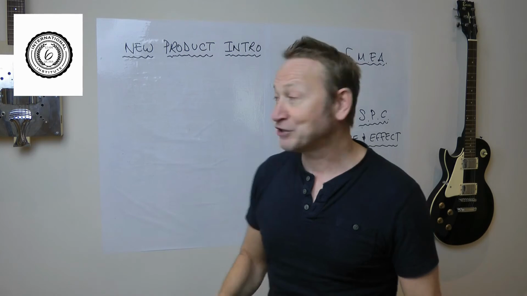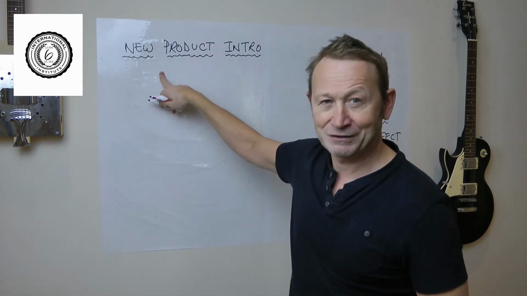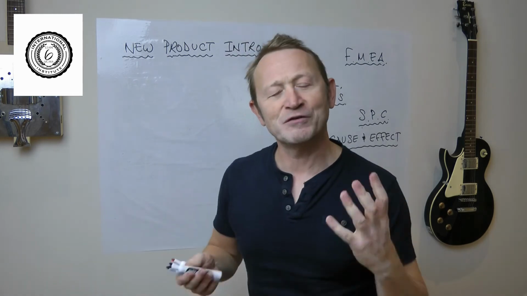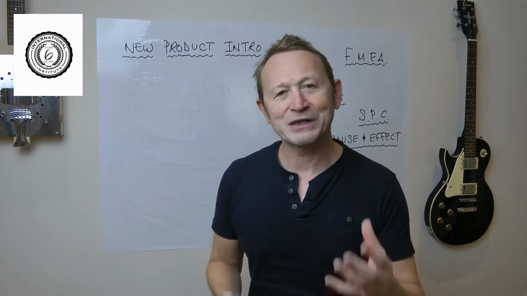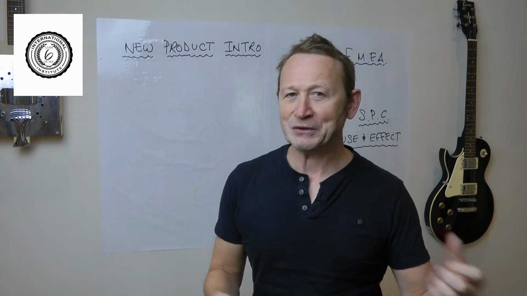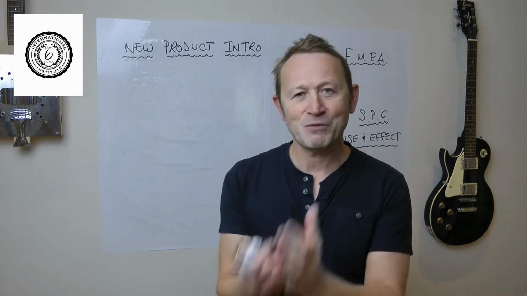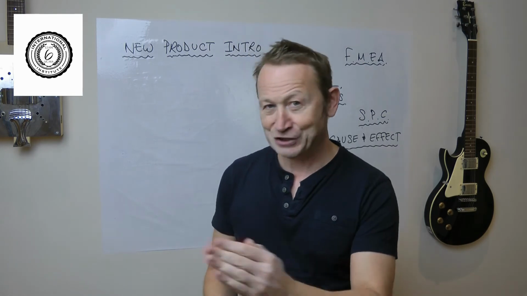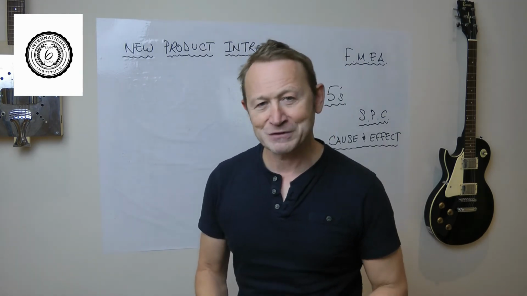Why? Because they do this really well. They don't need big projects. They don't need to dig themselves out of big holes, because they use all the tools properly and they get a product and a process that's designed correctly, so that it's fully in control and it produces from day one.